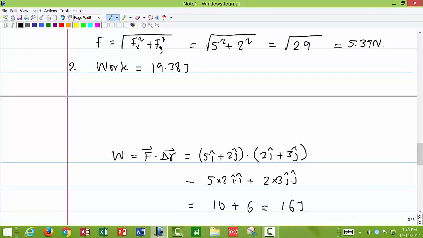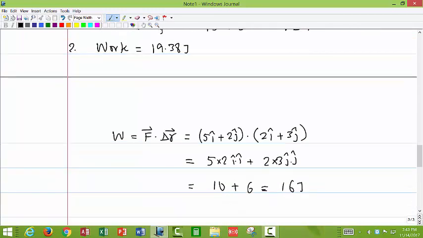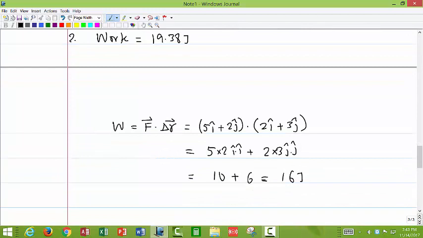So what's the difference? How come 19? Did you do the same thing? For this, I used the result from the previous question. You just multiplied it? Yes. Oh no, that's not correct. That's not the way to do it. You have to do F dot delta R, so you multiply it through.